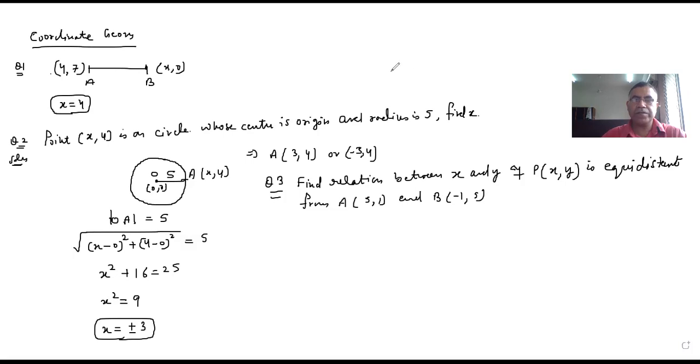Quickly, variation. Sir, point A is (5, 1). Yes. Do we have to use the distance formula or the section formula? That is your choice. You just tell us the relation.